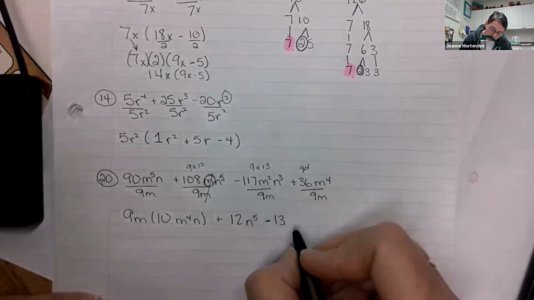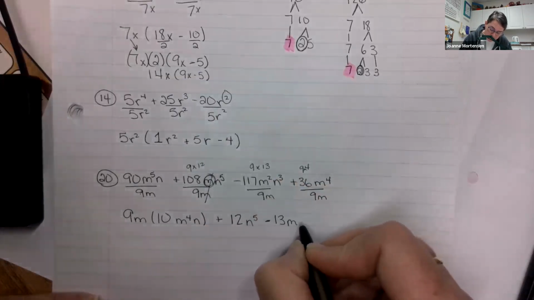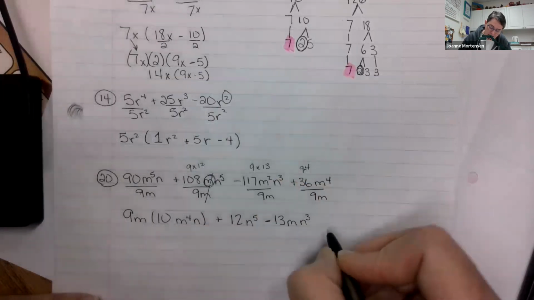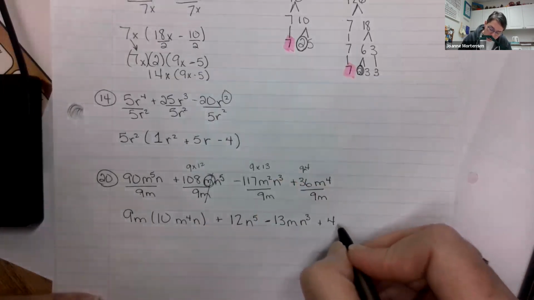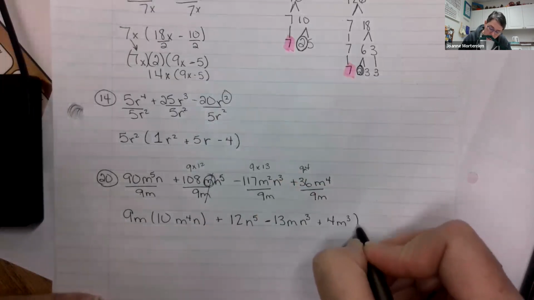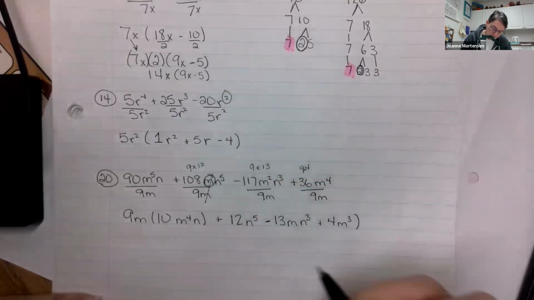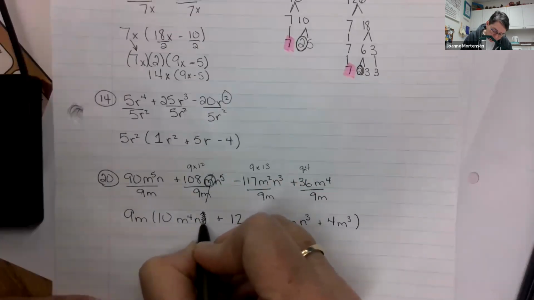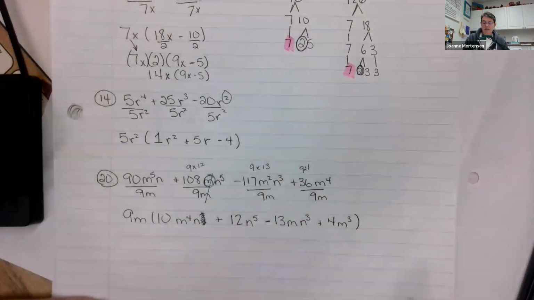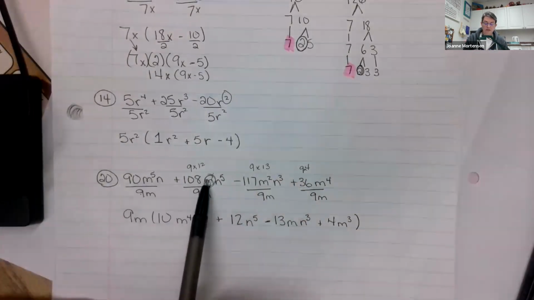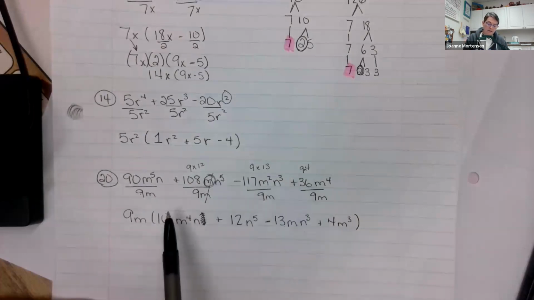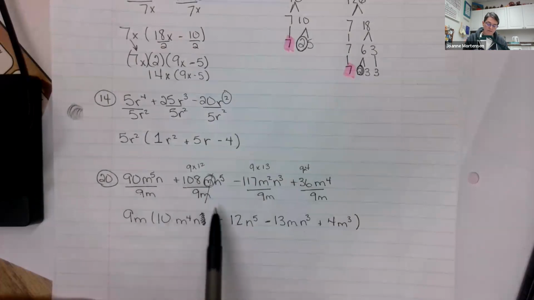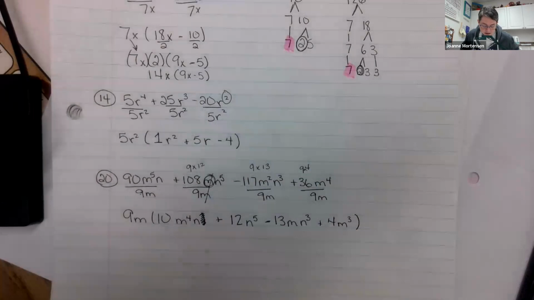M squared divided by M is going to give me M n cubed plus 4 M3. Oopsies, that didn't belong there. So that's a lot of lots. So let's check 1, 2, 3, 4. 1, 2, 3, 4. Check. Positive. Match signs, match signs, match signs. Yes. And I think we're good.